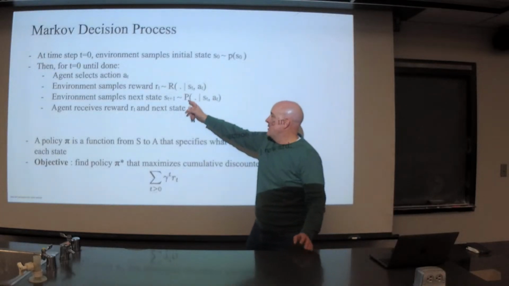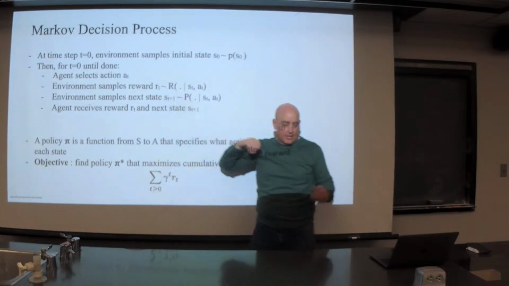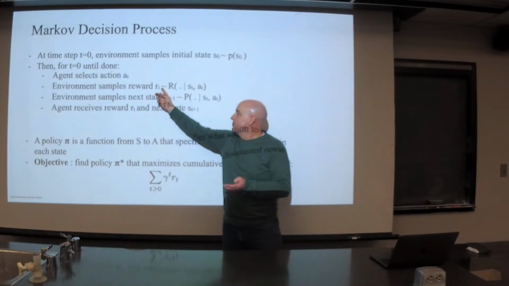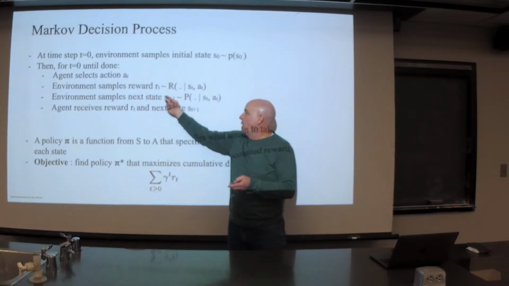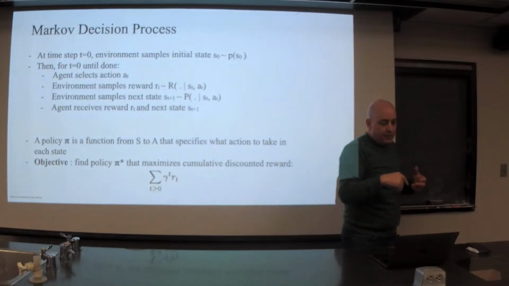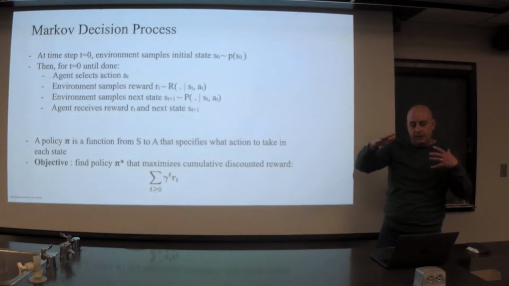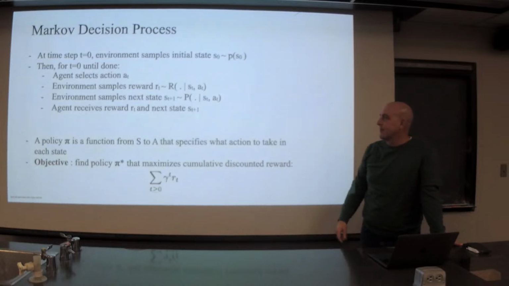Remember that these were thought of as probability distributions. So these could be deterministic, in the sense that there's only one possible reward that could come from this state action pair, or one possible state that could follow it. But in general there could be some randomness here, and so we're sampling from a distribution.